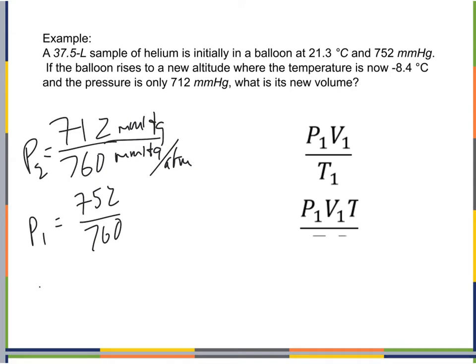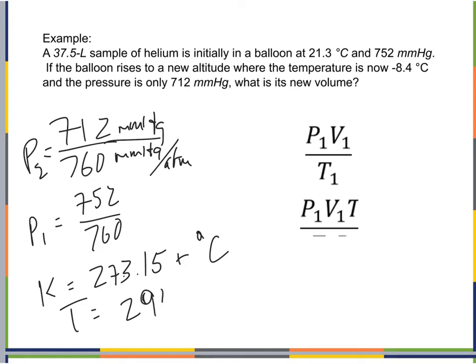And so Kelvin is 273.15 plus degrees C. And then finally, what are we looking for? We're looking for its new volume. So I have two temperatures to get to. So T1 is going to be 294.15 Kelvin.